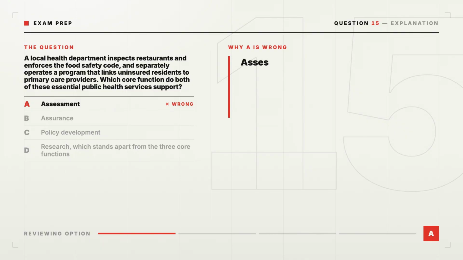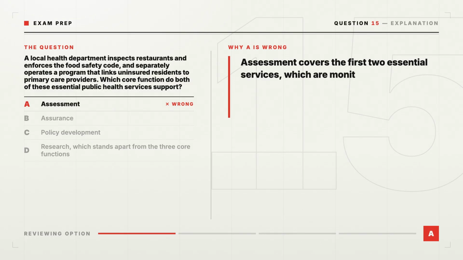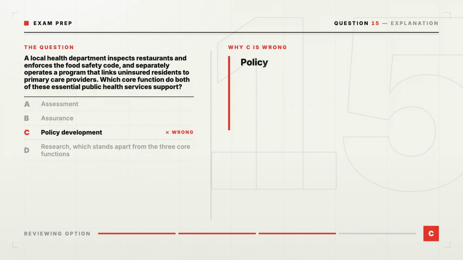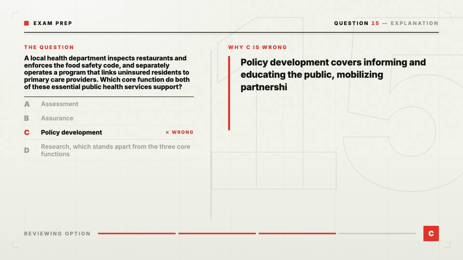A is wrong because assessment covers the first two essential services, which are monitoring health status and diagnosing or investigating health problems and hazards. Neither activity described here is data gathering. C is wrong because policy development covers informing and educating the public, mobilizing partnerships, and developing policies and plans.